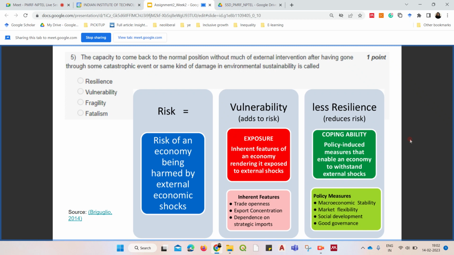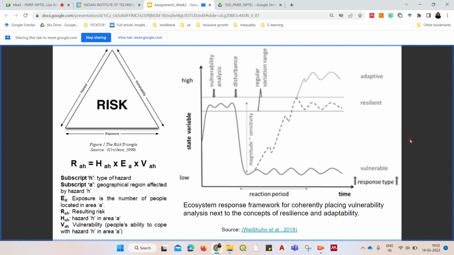So how the system is able to cope with any external disturbance or any shocks or stresses the system faces. Is it able to bounce back from it? Is it able to bounce back to the same level, or is it able to adapt so that it is prepared for such disturbance in future? Is it better prepared? And such things are part of resilience.